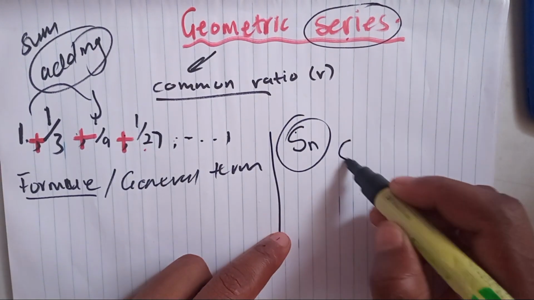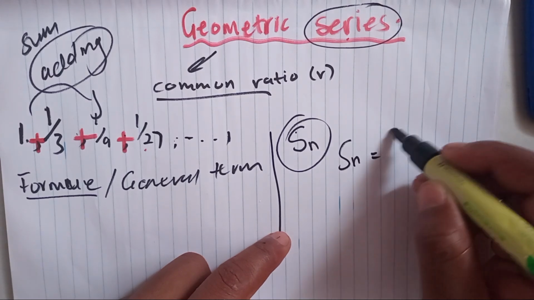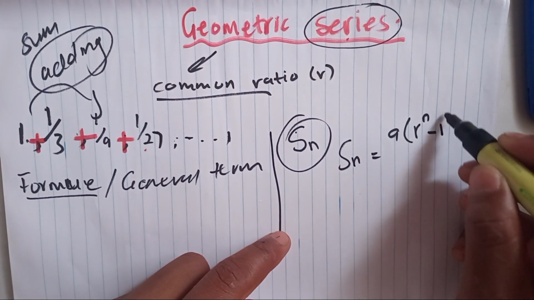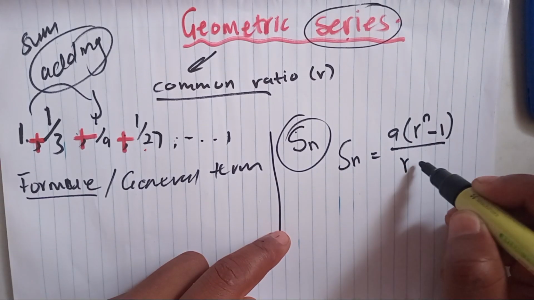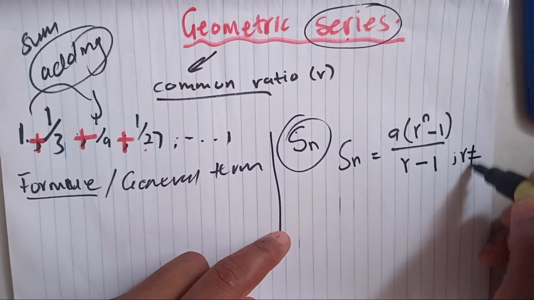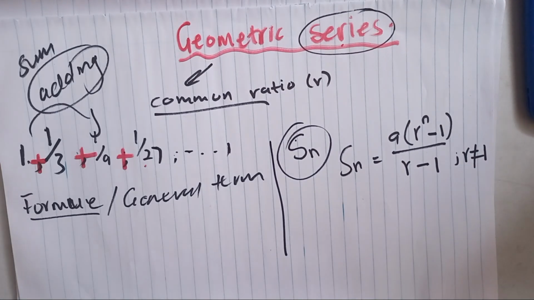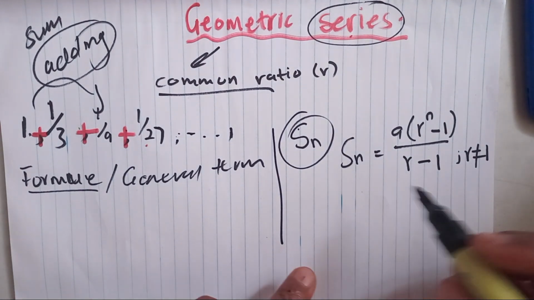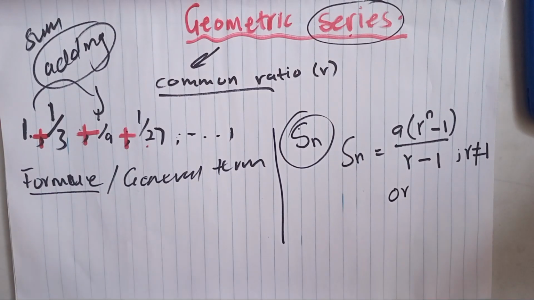The general term will be Sn is equivalent to a into r exponent n minus 1 divided by r minus 1, whereby r should never be equivalent to 1. The common ratio should never be equivalent to 1, because it will not make this formula make sense. Or somebody can say, I don't prefer using this formula.